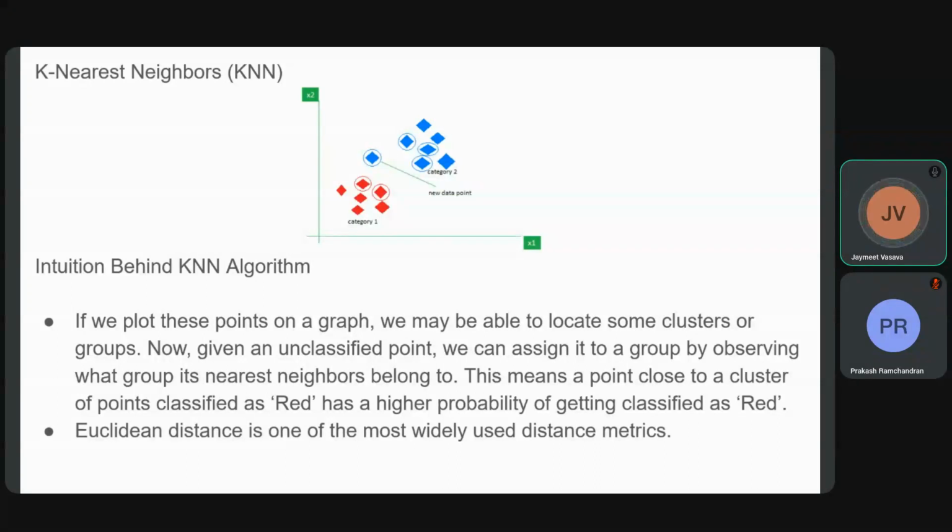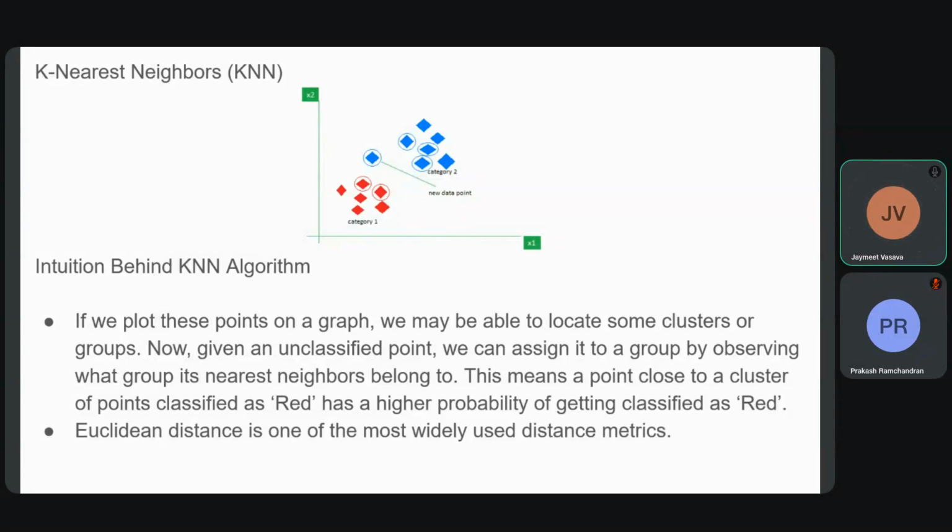Now, given an unclassified point, which is a new point that we have introduced into the graph, we can assign it to a group by observing what group its nearest neighbor belongs to, which means which the new data point is nearest to. So a point close to a cluster of points classified as red has a higher probability of getting classified as red.